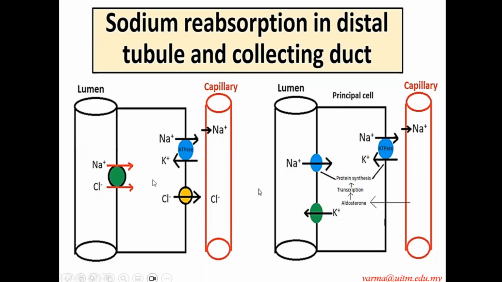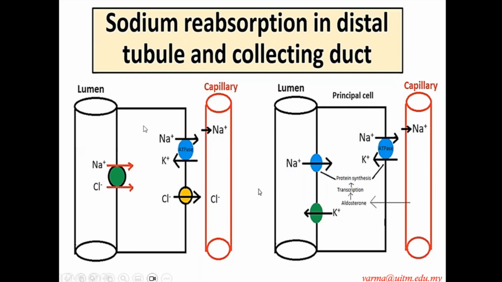Again, in the distal tubule, it's mainly the sodium and chloride co-transporter or symporter. Again, the chemical gradient is maintained by the sodium potassium ATPase pump in the basolateral membrane. Low sodium concentration here, thus sodium is being reabsorbed. Chloride also has low concentration, so chloride comes together with your sodium.